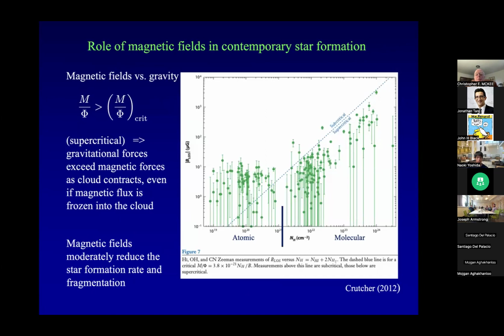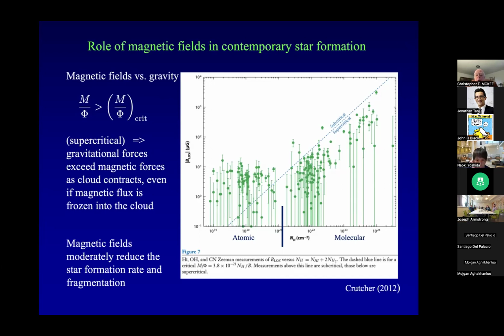If you look at the strength of the magnetic field, in order for stars to form, you have to have the gravitational force exceed the magnetic force. So it has to be what's called magnetically supercritical. The mass to flux ratio has to exceed a critical value. I'm showing data for the nearby galaxy from Crutcher on the right here. The line of sight magnetic field is measured from the Zeeman effect, which on average is half the total field strength.